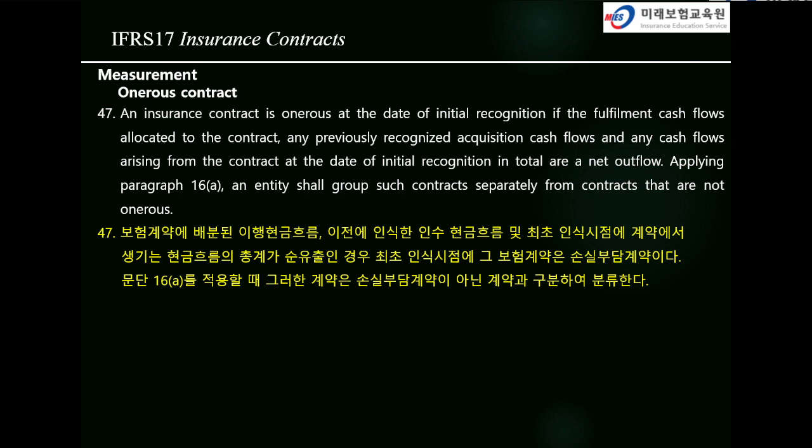If you come up with the estimate of fulfillment cash flows, that is the onerous test. The standard says that if fulfillment cash flow in total is a net outflow, this set of contracts would be finalized as an onerous group of contracts.